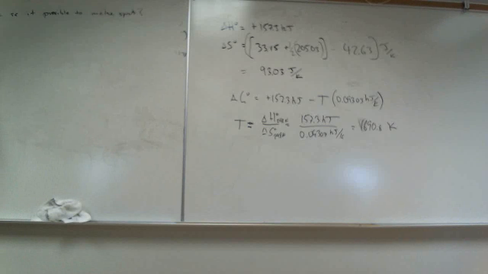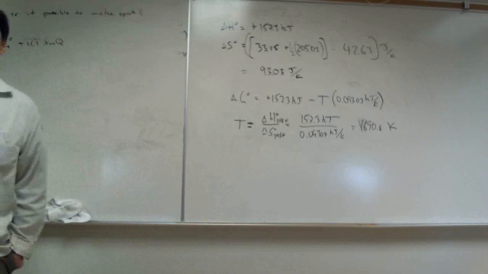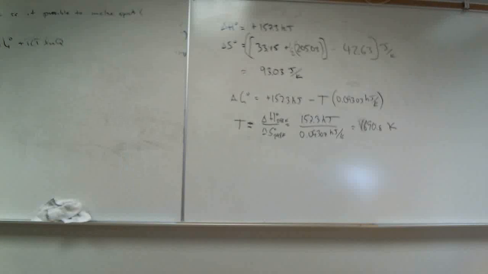And so the non-standard delta G equation is delta G non-standard is equal to delta G standard plus RT ln of Q. Now, when we're under standard conditions, what is Q equal to?